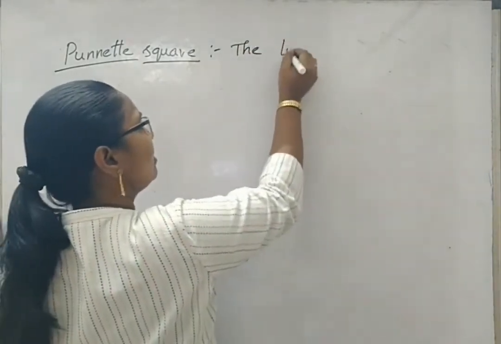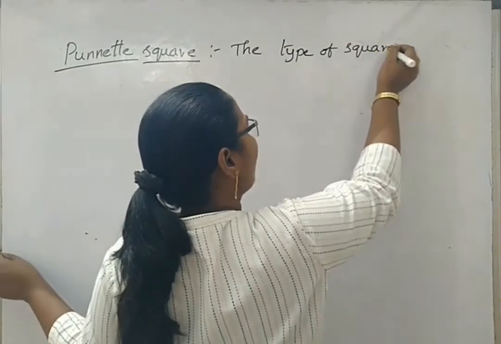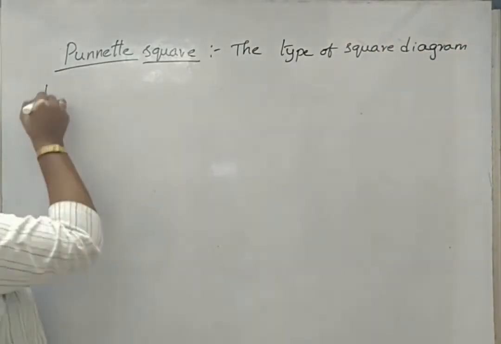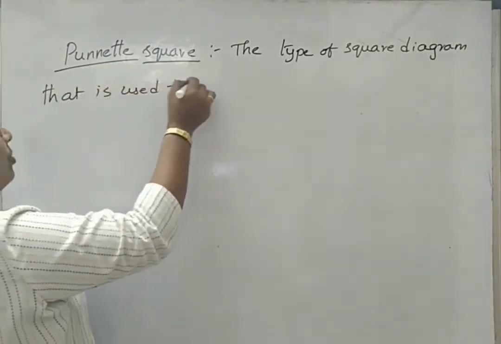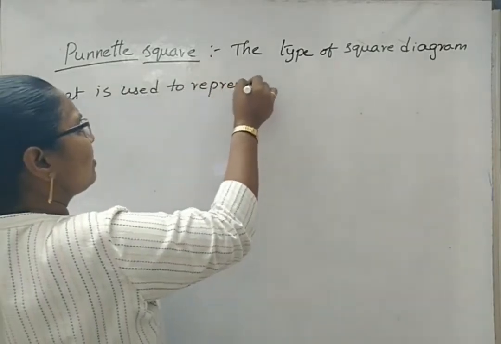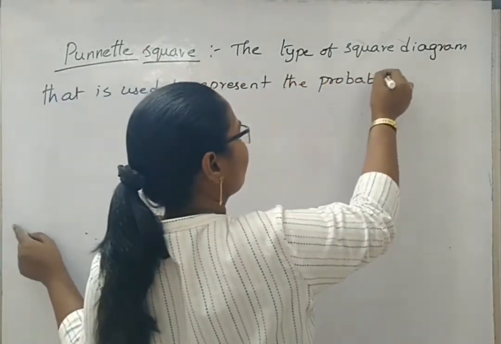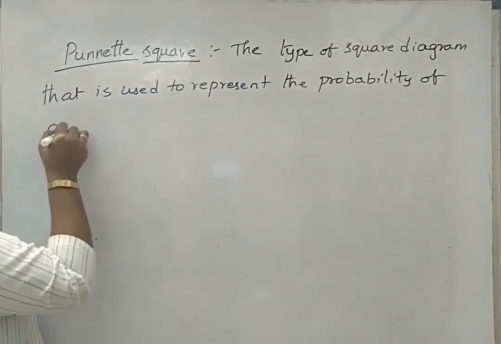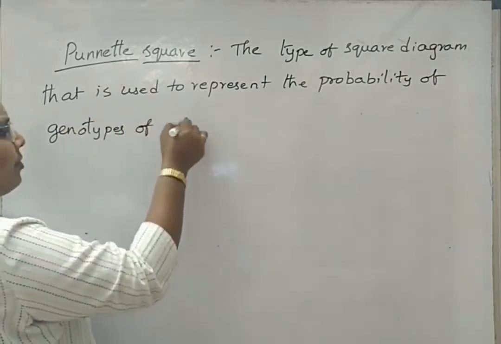The Punnett square is a square diagram that is used to represent the probability of genotypes of offsprings.